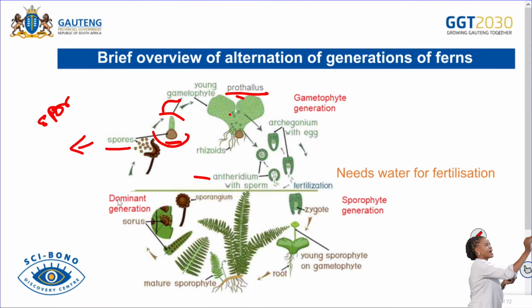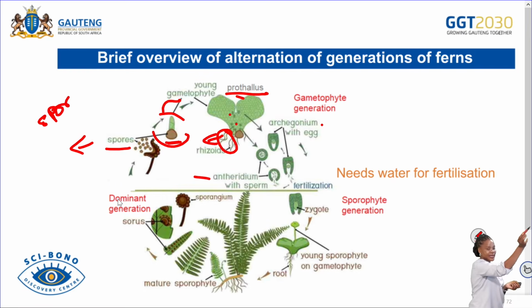So the antheridium develops on the prothallus. And then the female gamete is called the archegonium. The archegonium develops again on the prothallus. And then there are rhizoids which are developing on the prothallus. So this part now is our gametophyte generation.